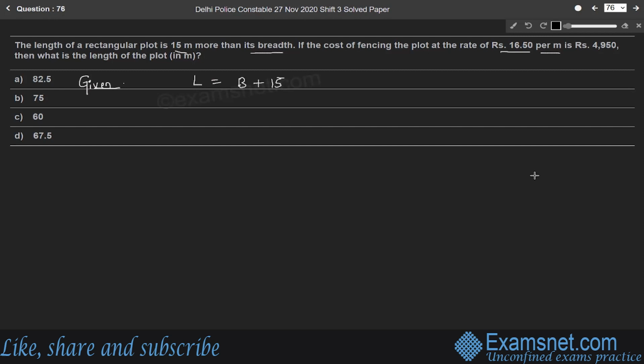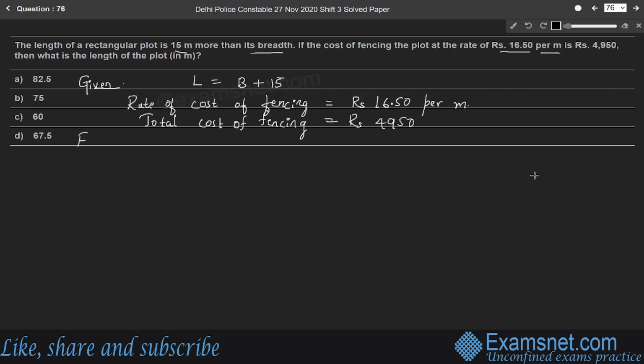And the rate of cost of fencing is rupees 16.50 per meter, right? And the third one is the total cost of fencing, which is equal to rupees 4,950, right?